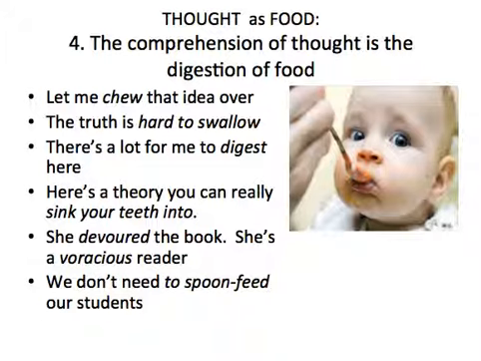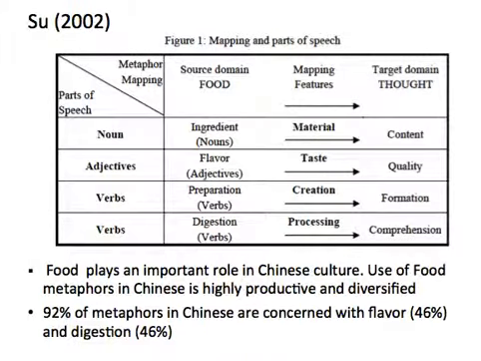Okay, so again, the source domain is the way we digest and the way we eat our food, and it's applied to the target domain of the comprehension of thought. That particular framework came from a paper by Su, 2002, and she looked specifically at the use of metaphor and food as thought in Chinese.